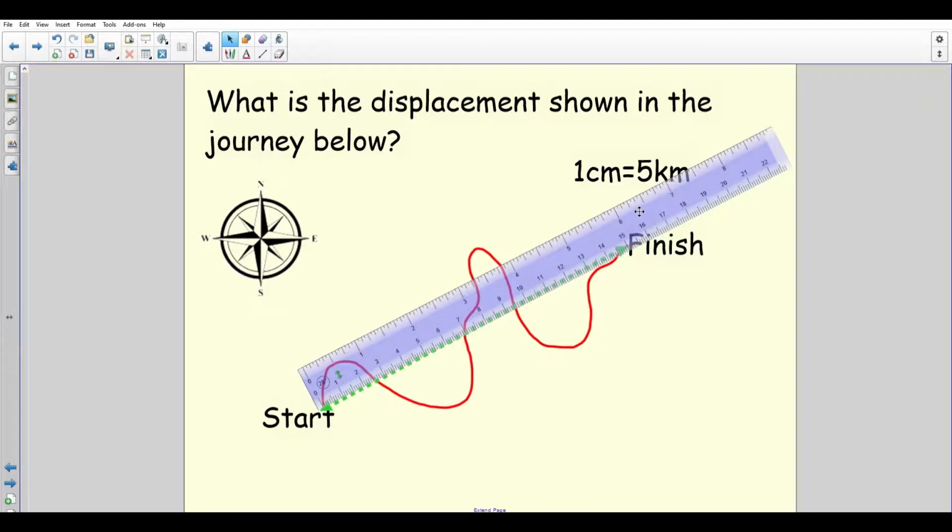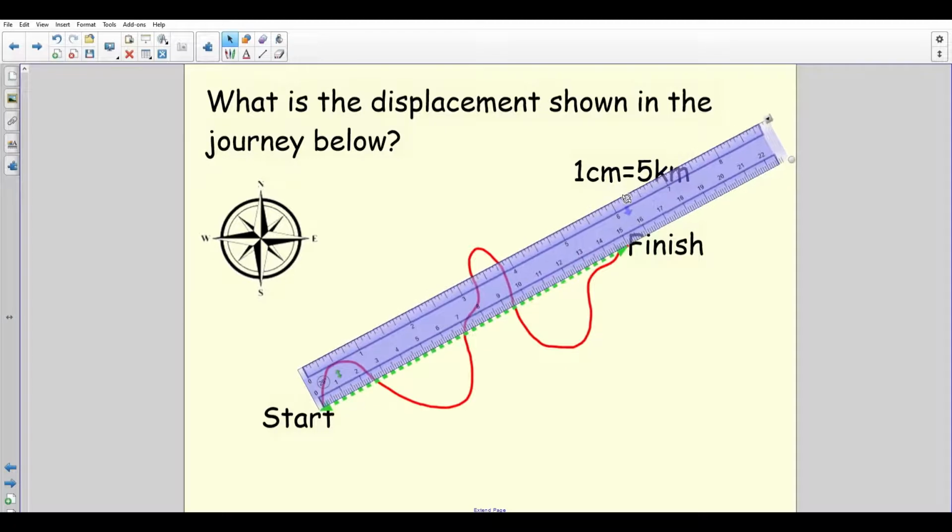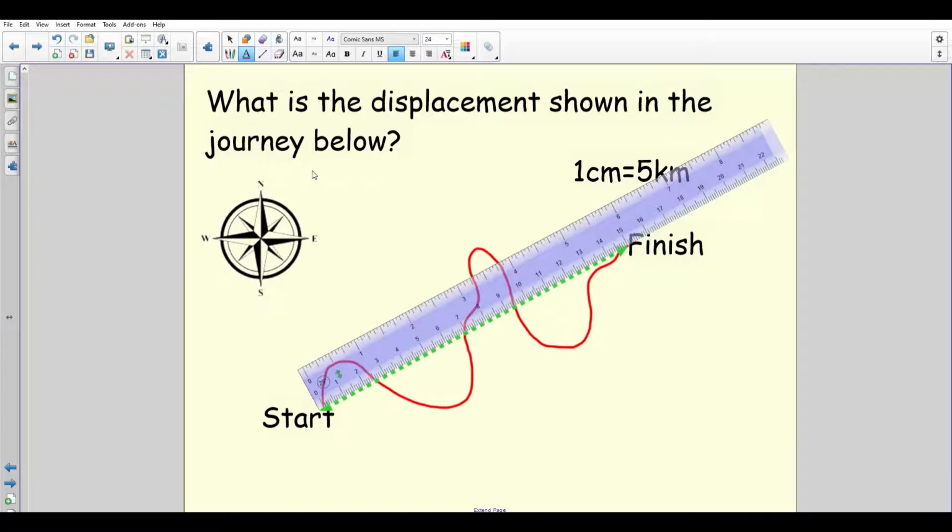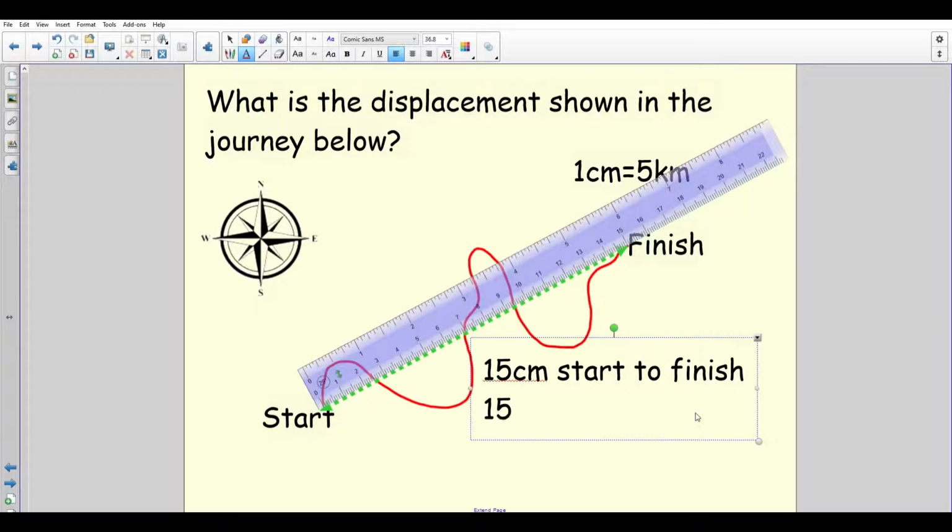So that is, I would say, 15 centimeters. So it's 15 centimeters from start to finish, but this is a scale, so 1 centimeter is 5 kilometers. So I know it's 15 centimeters start to finish. So I will do 15 times 5 kilometers.